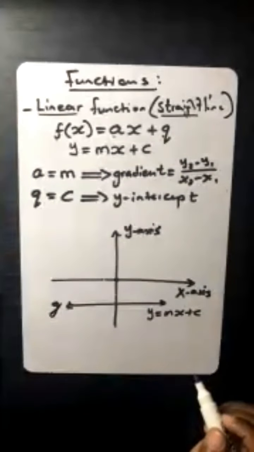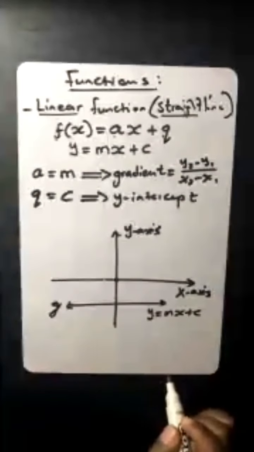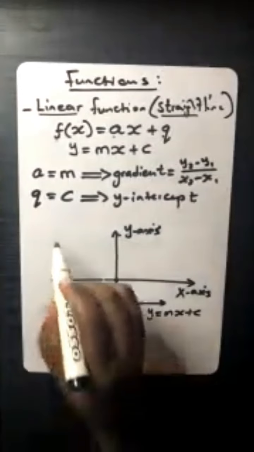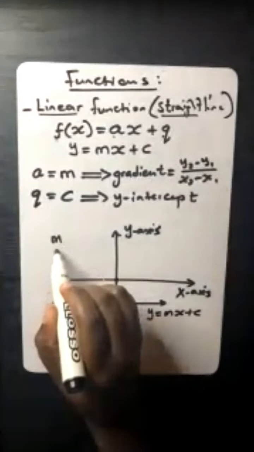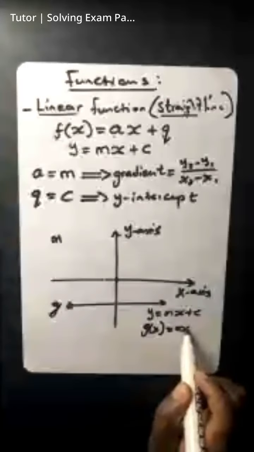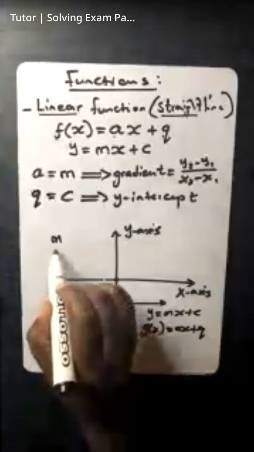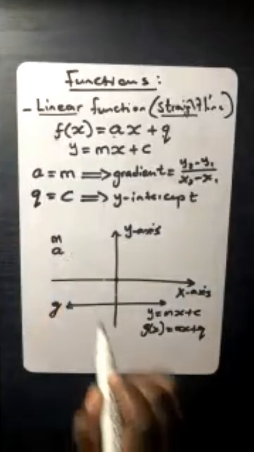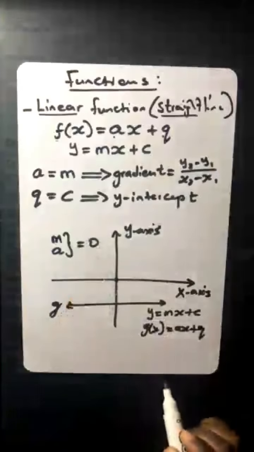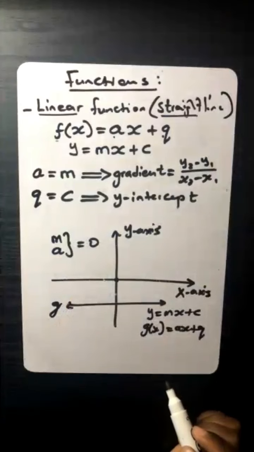So in this case, what is the gradient? The gradient being m, or if you say g of x equals ax plus q, if you comment using a, the gradient in that case, guys, equals 0.